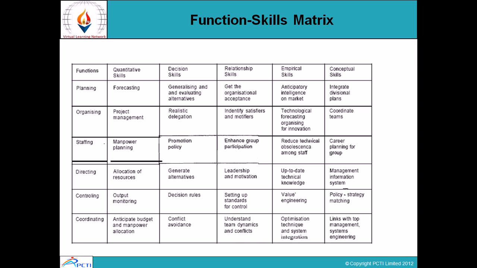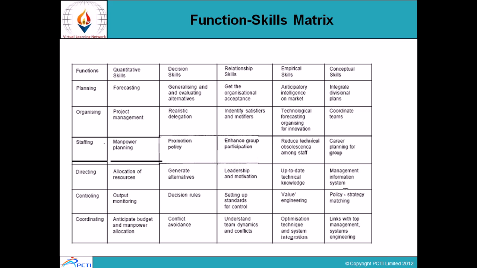If the function is planning, then quantitative skills include forecasting, decision skills include generalizing and evaluating alternatives, relationship skills include getting organizational acceptance, empirical skills include anticipatory intelligence on market, and conceptual skills include integrating divisional plans. There are different functions like planning, organizing, staffing, directing, controlling, and coordinating. They are said to be the management functions basically.